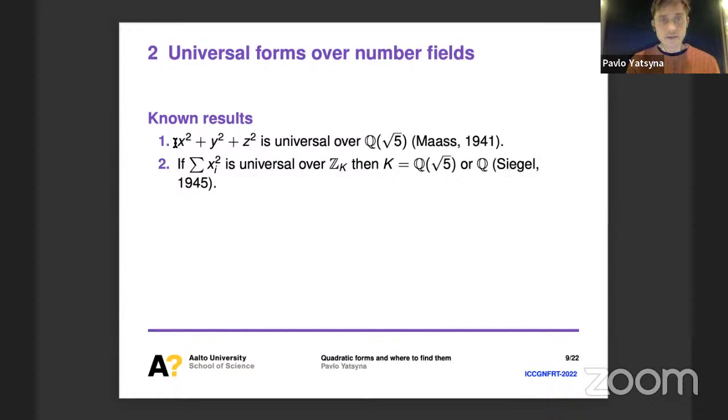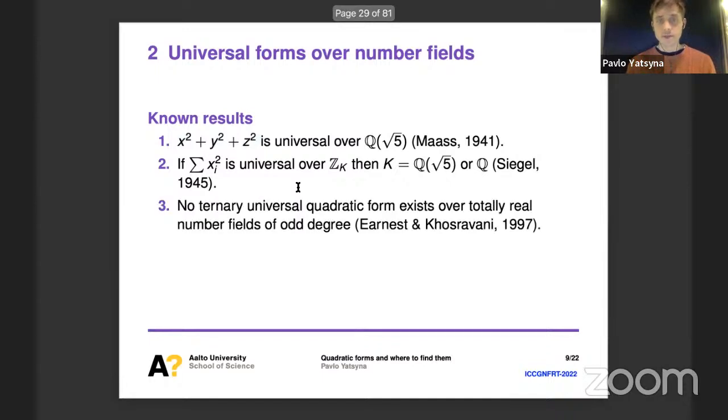Furthermore, this case of having a ternary universal form is less common. For example, we know no ternary universal quadratic form can exist over a number field of odd degree. For this case, you always need to have even degree, which is the case here. And in some sense, this also explains why we don't have a universal form over rational integers in three variables, because it's trivially an extension of odd degree.